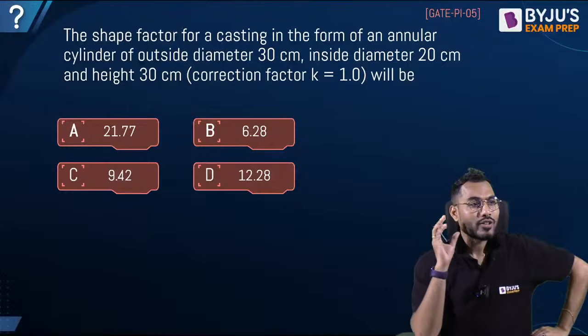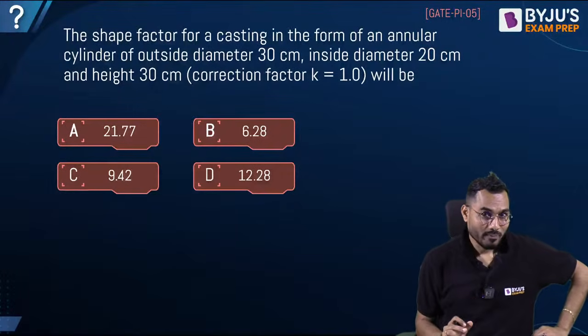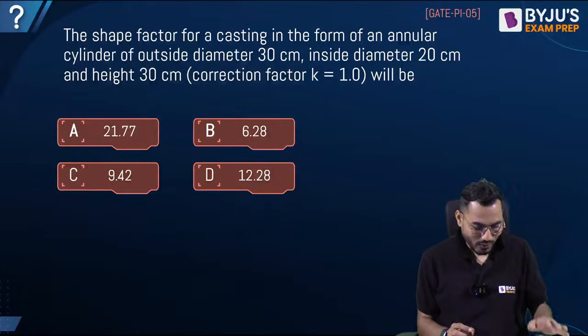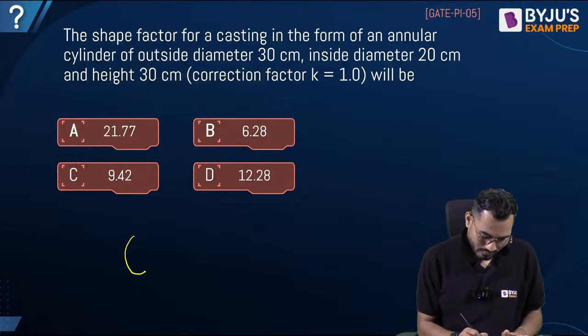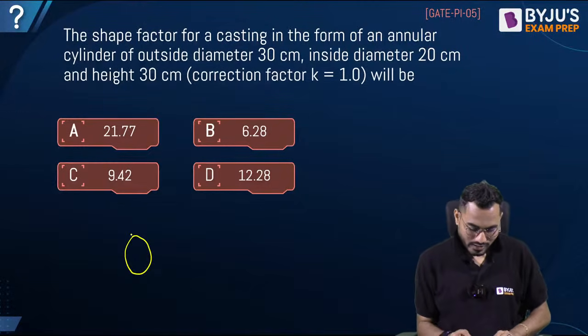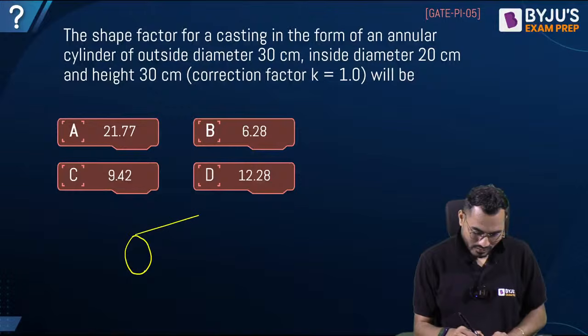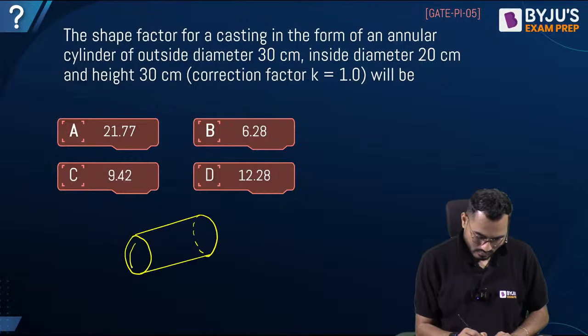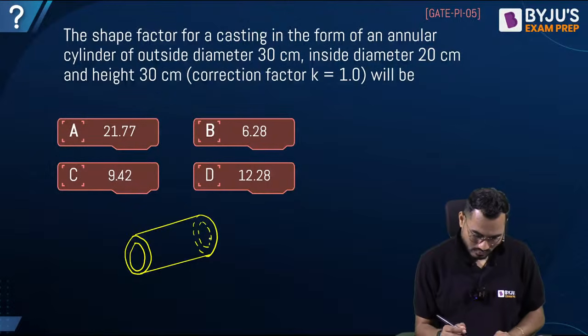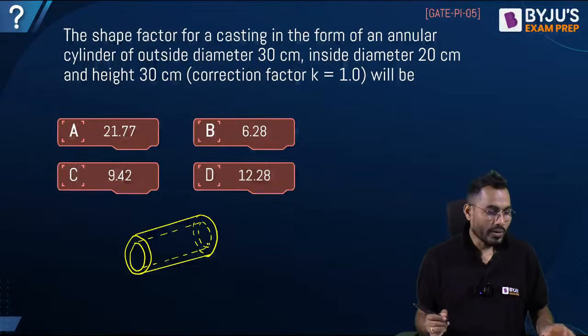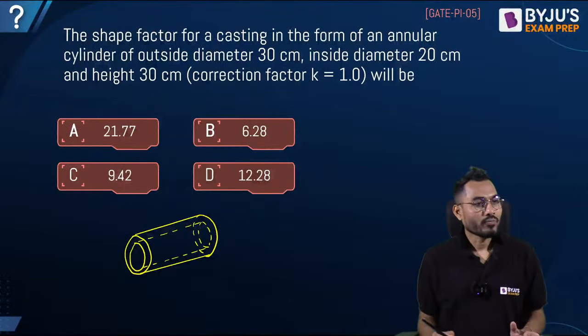Can you calculate the shape factor of the hollow casting? Anyone calculate the answer, shape factor for hollow casting?